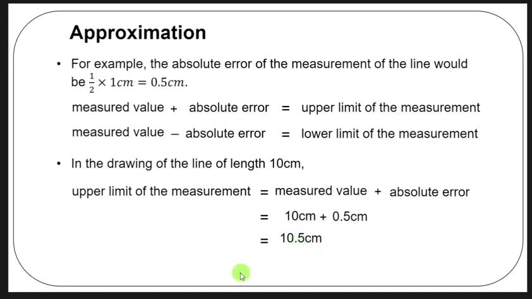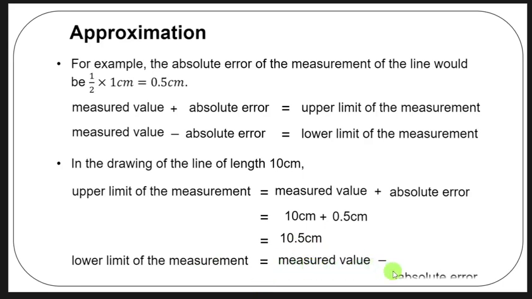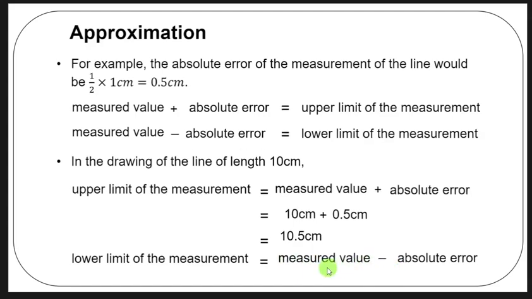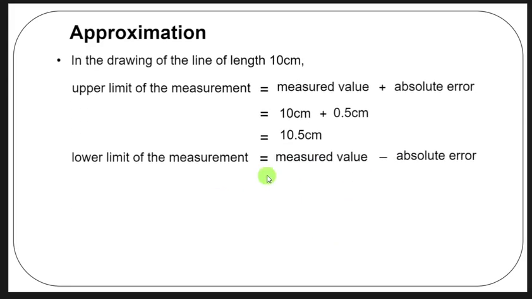All right. Then the lower limit of the measurement is given by the same measured value minus the absolute error. Let's move up. So it will be equal to the measured value, still 10, minus the absolute error, still 0.5. Then when we subtract, we get 9.5 centimeters.